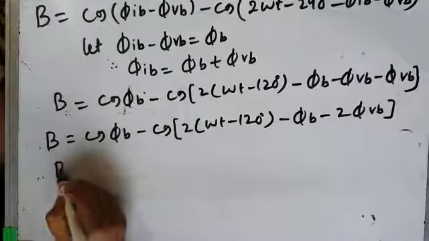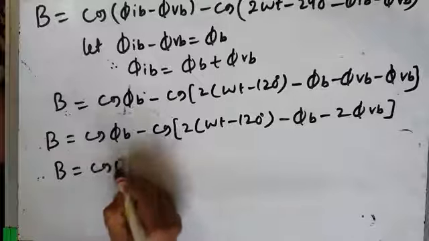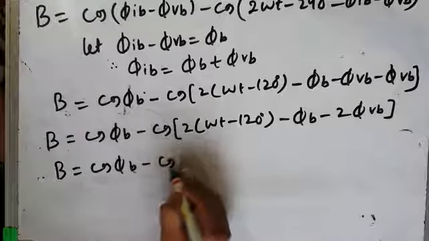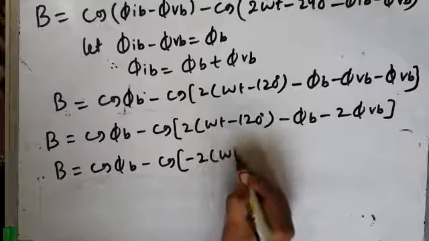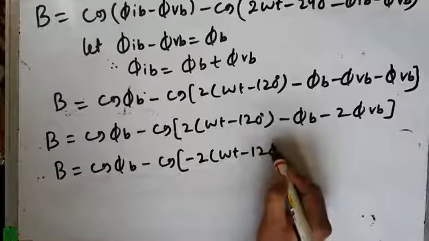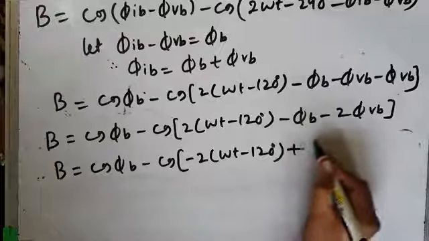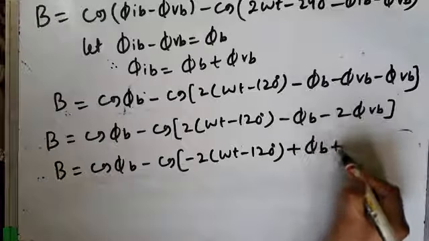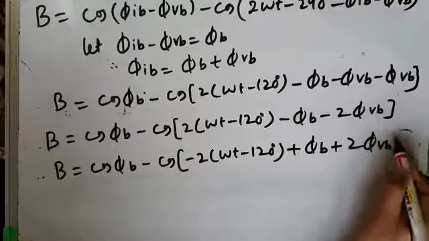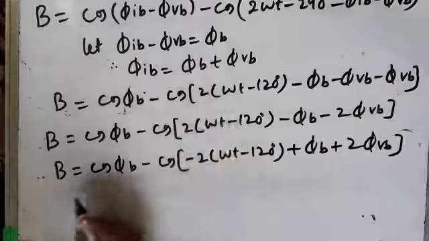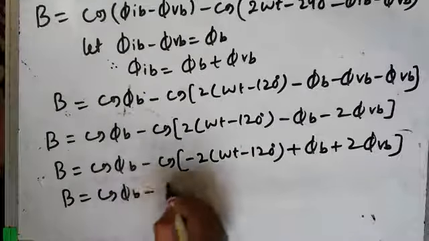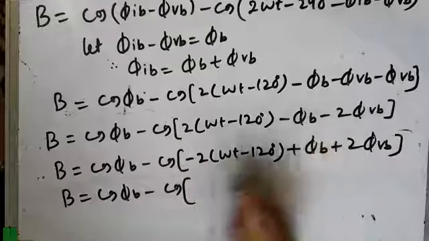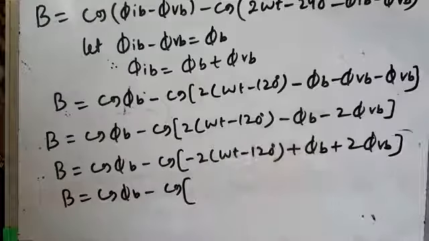So b is equal to cos of phi b minus cos of, let us change the signs. This will become minus 2 times omega t minus 120 degrees. This was minus, it will become plus. This was minus, this will become plus. Now let us rearrange terms in this. So b is equal to cos of phi b minus cos of, first of all I will write this phi b itself.